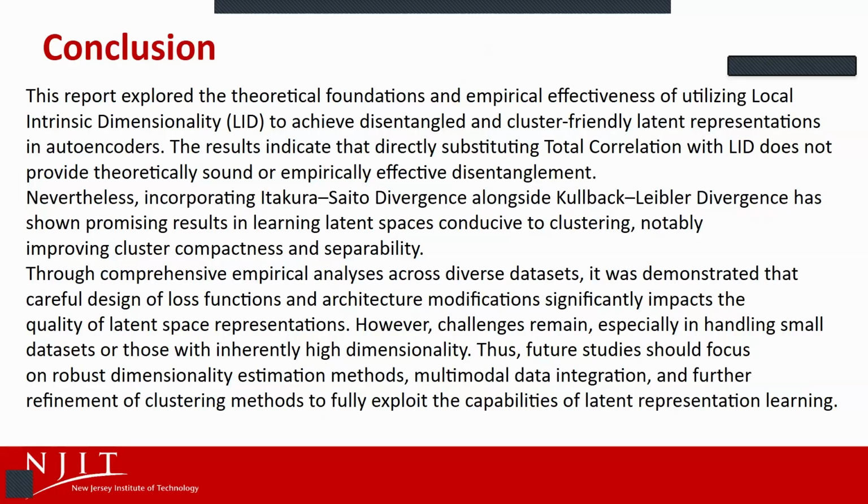Using both of them together produces more robust and compact results, I would say. And then finally, we looked at the challenges to the current formulations, and further studies should focus on robust dimensionality estimation methods, multimodal data integration, and further refinement of clustering methods to exploit the capabilities of latent representation learning.